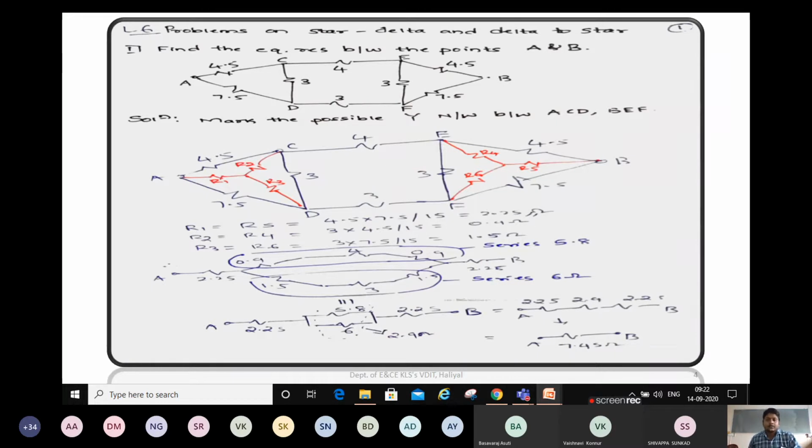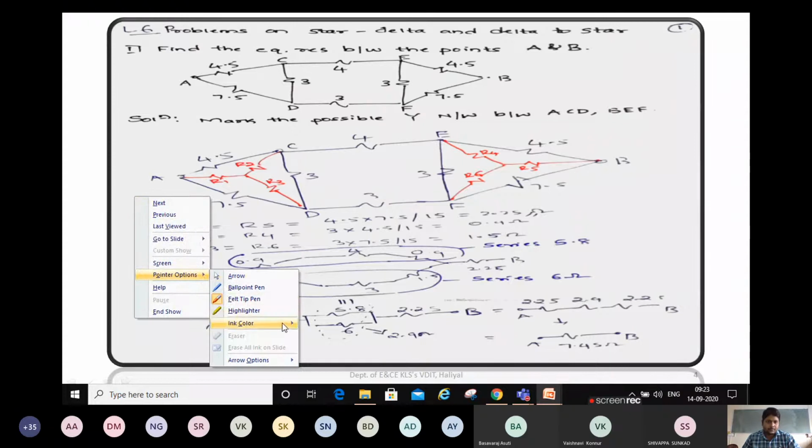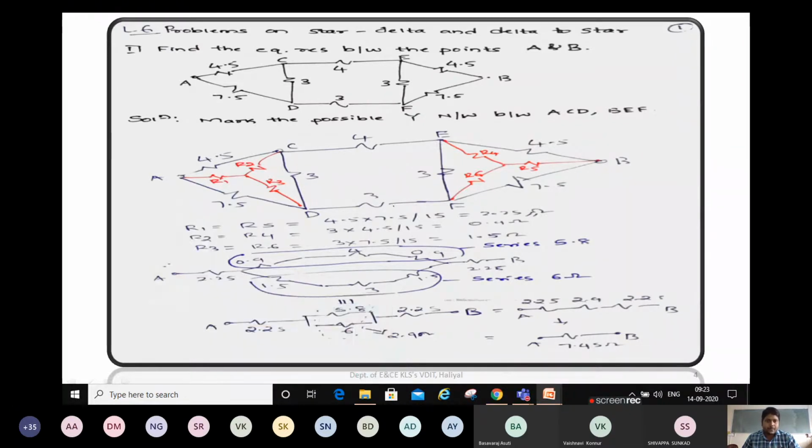So if you look into this question, the problem is we need to find the equivalent resistance between the points A and B. So we should not disturb these 2 points.